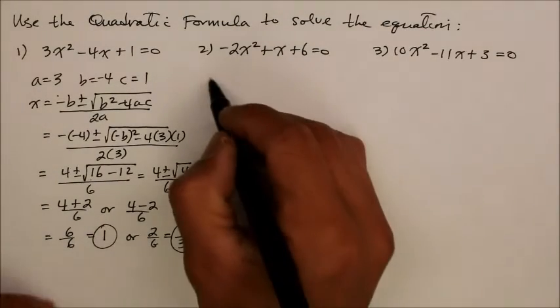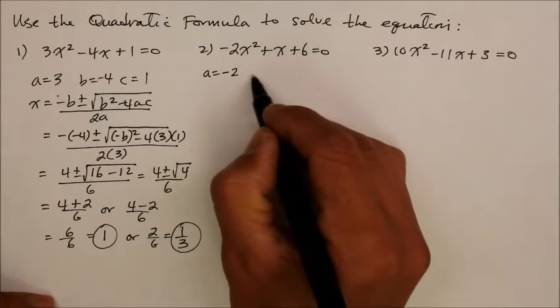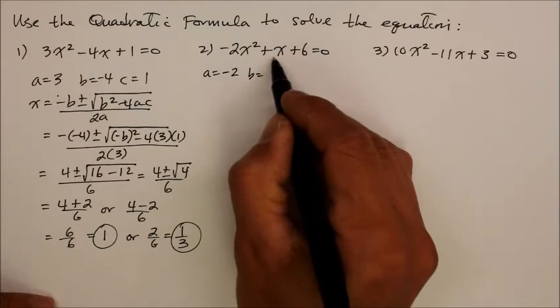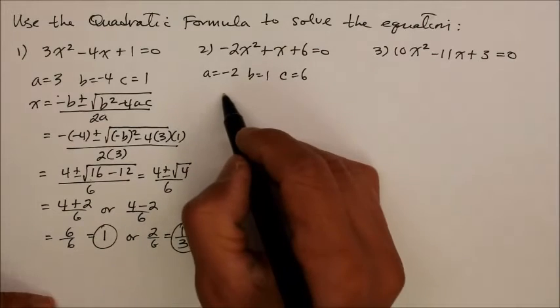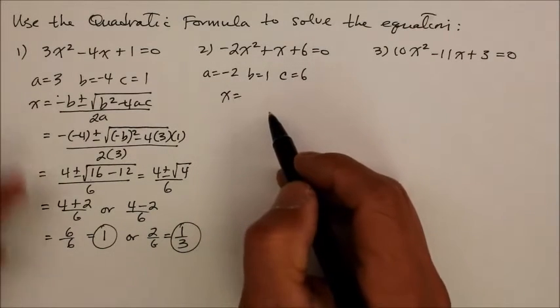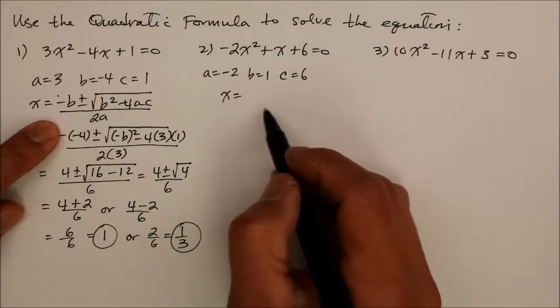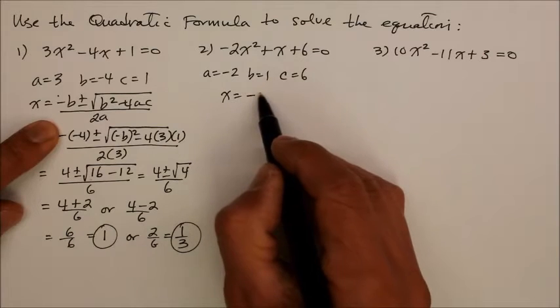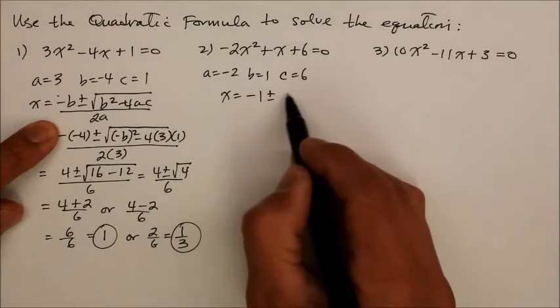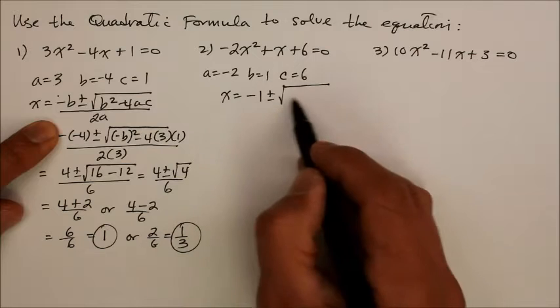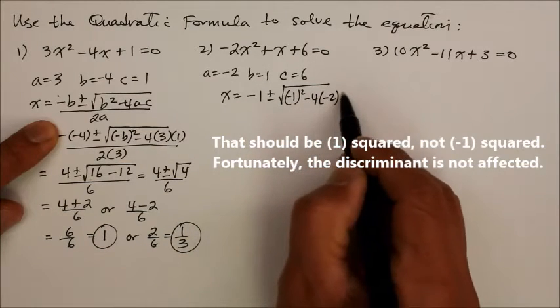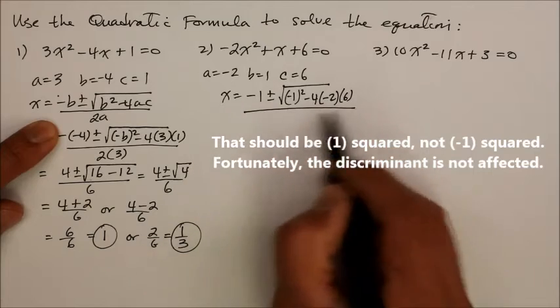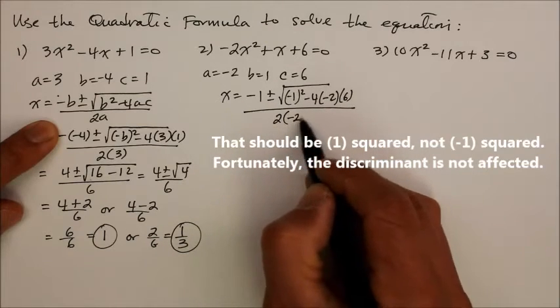Okay, for number 2, a is negative 2, b is 1, the invisible factor 1, and c is 6. Since we know what the formula is, let's just substitute it in. We get negative 1, because that's b, plus or minus the square root of b squared, that's 1 squared, minus 4 times negative 2 times 6, all over 2a, which is negative 2.